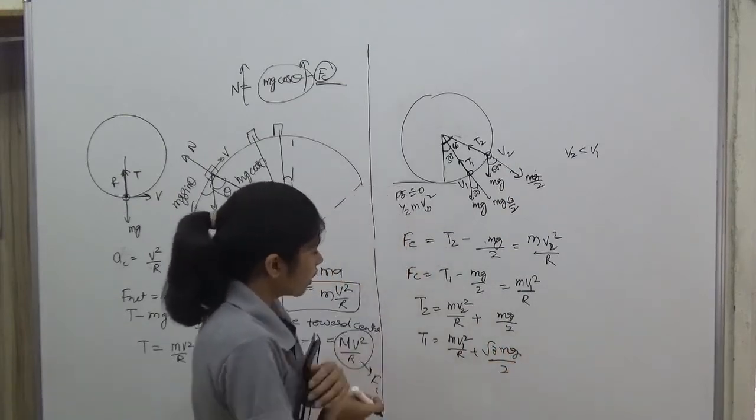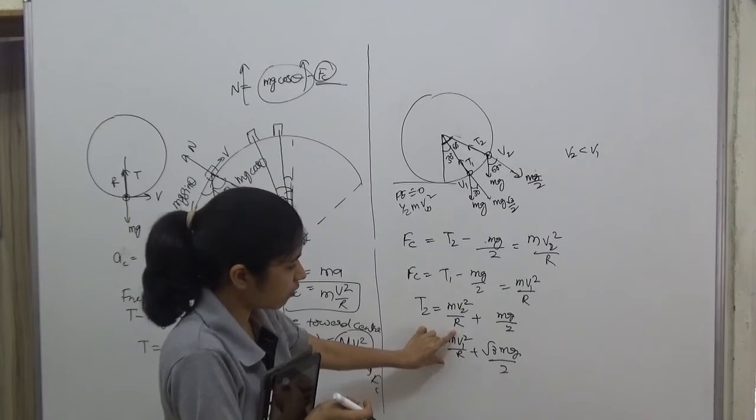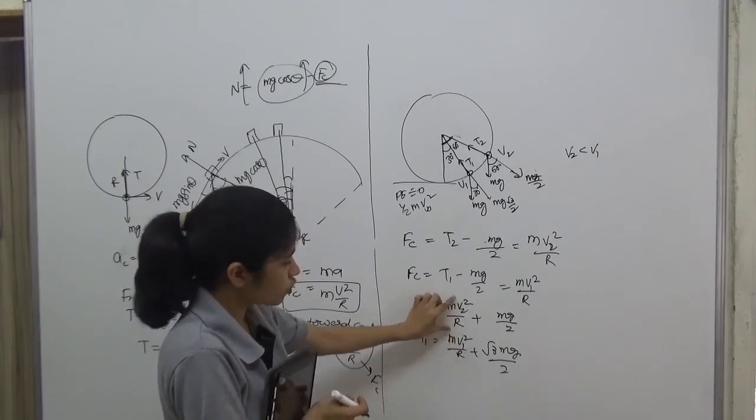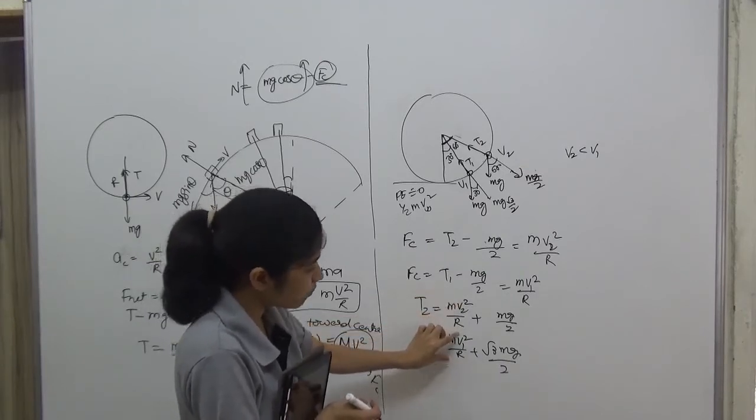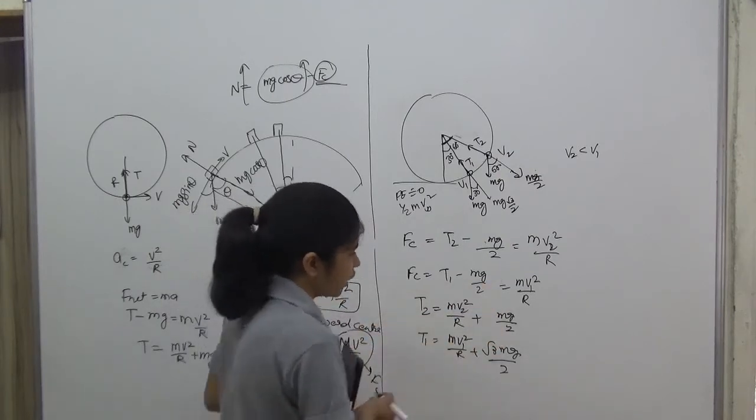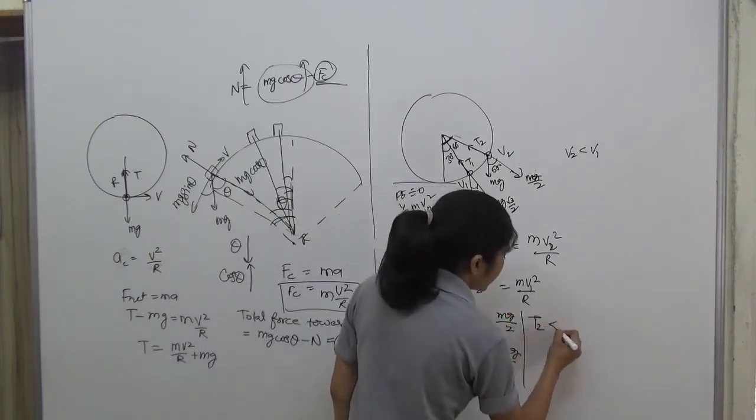Clear? Now this quantity is lesser than this quantity, because we have V2 less than V1. So overall T2 will be less than T1.